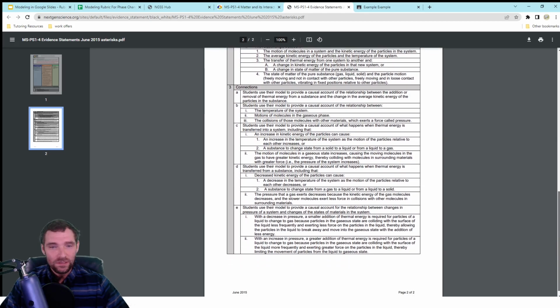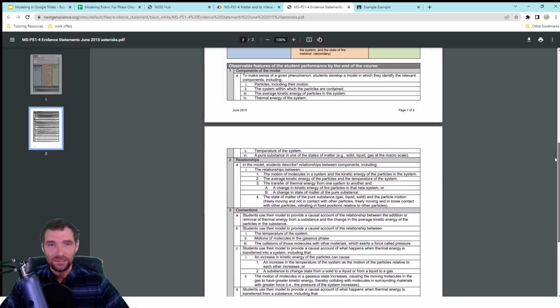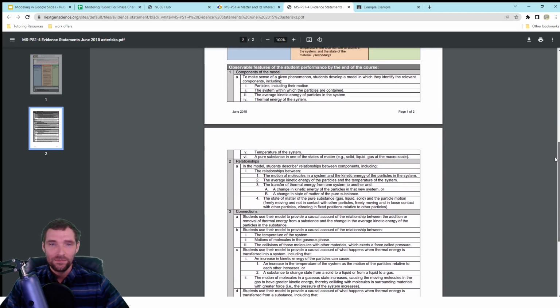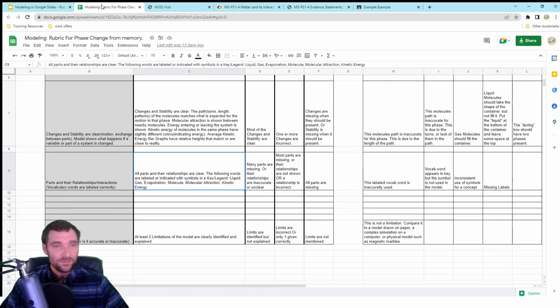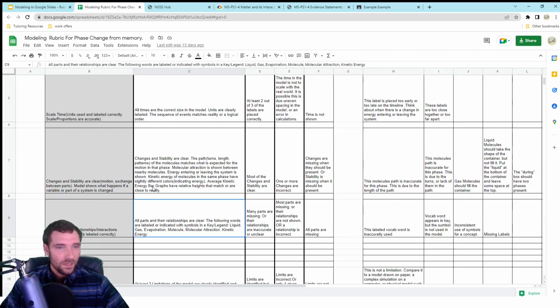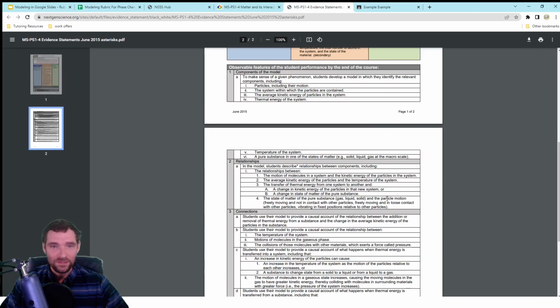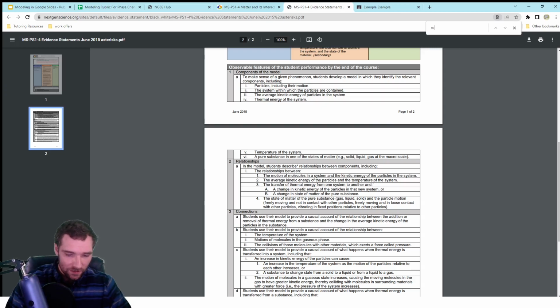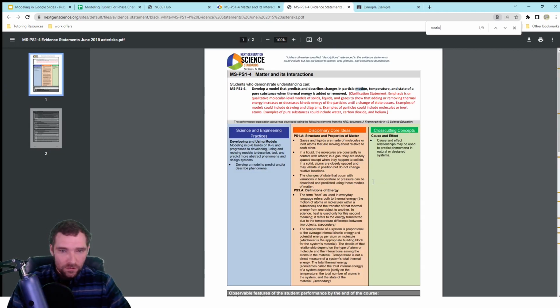And if you read through this, you'll probably see some things that I'm not seeing right now. But there's a lot of labels in here that you need to do. Motion. I think that there's some stuff in here about motion, right?